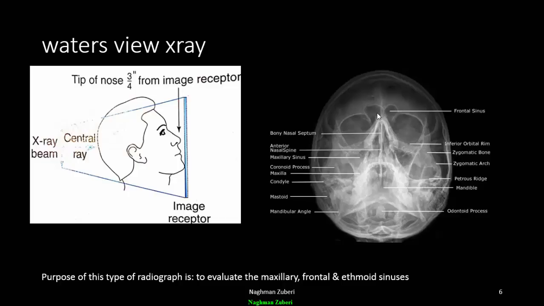Then you can see the petrous ridge, mandible, mastoid, mandibular angle, and odontoid processes. Check out how beautifully odontoid processes are visible over here. If you want to assess the fracture of the middle teeth, it is a very good X-ray.